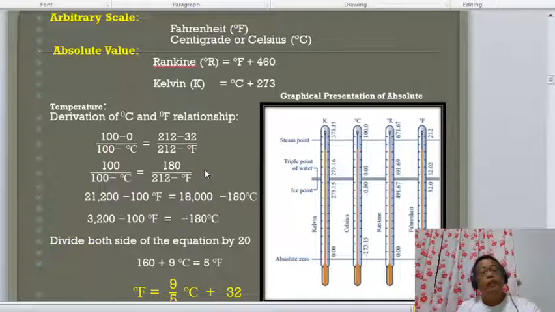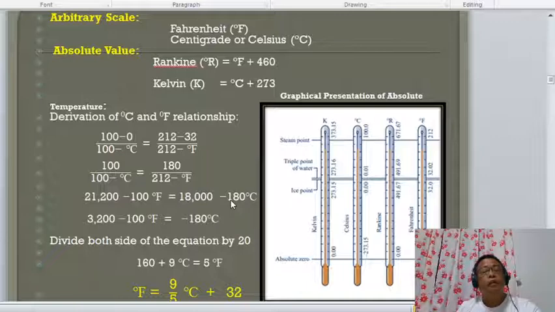Okay. So, by just manipulating the equation, we arrive at an equation of, say, 21,200 minus 100 degree Fahrenheit minus 18,000 minus 180 degrees Celsius.